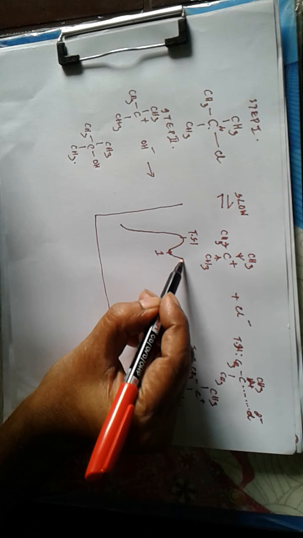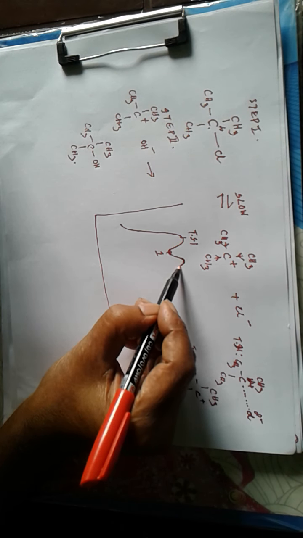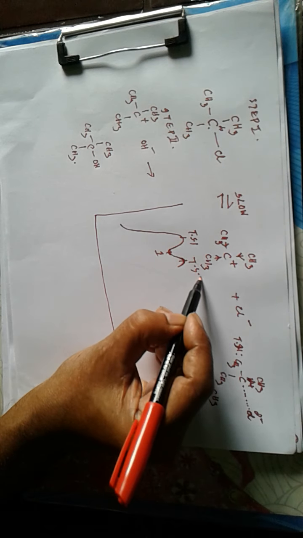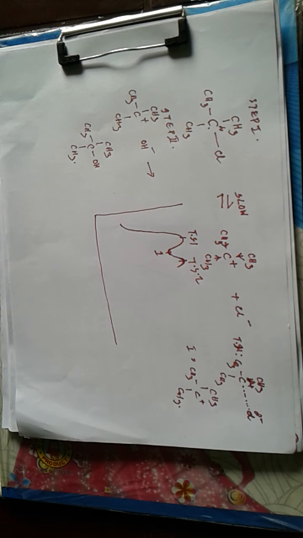So a rise in potential energy is obtained, and then it reaches a maximum where transition state 2 is formed, and at this point the decrease in stability or increase in potential energy due to decreasing resonance is exactly equal to the decrease in potential energy caused by the decreasing length of the carbon to OH bond.